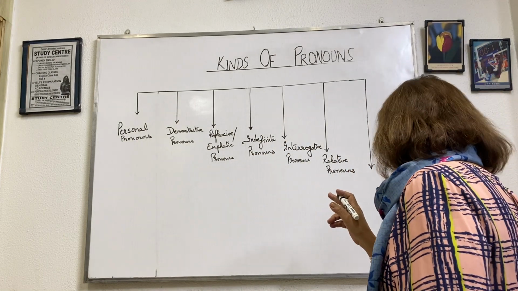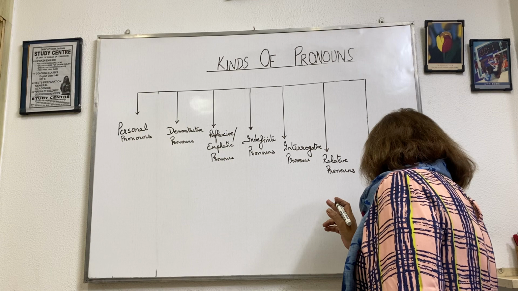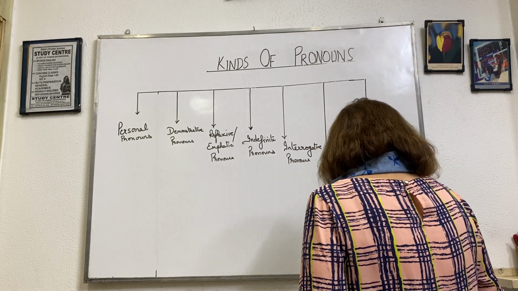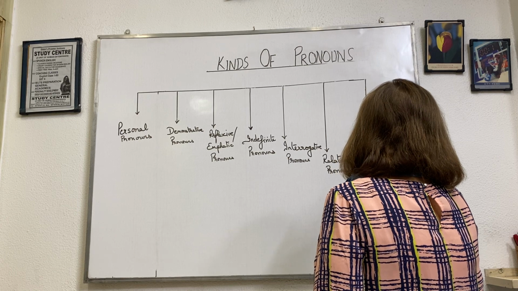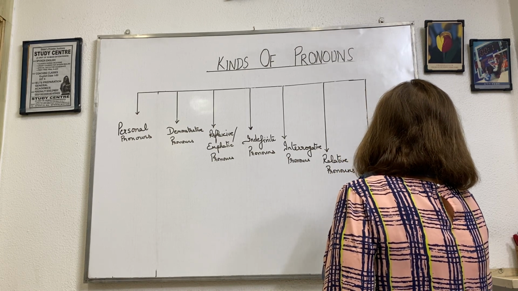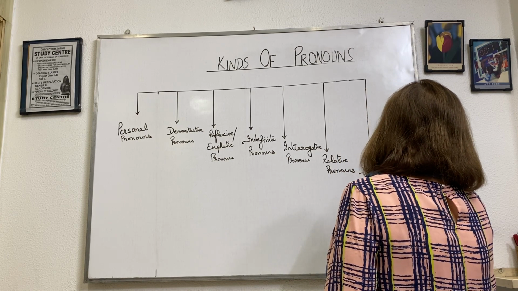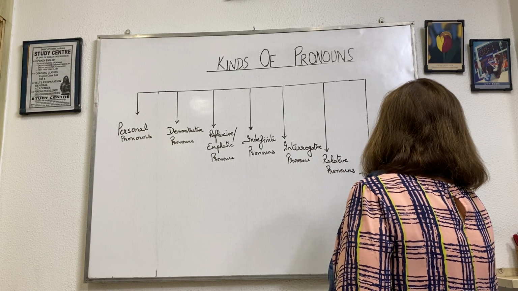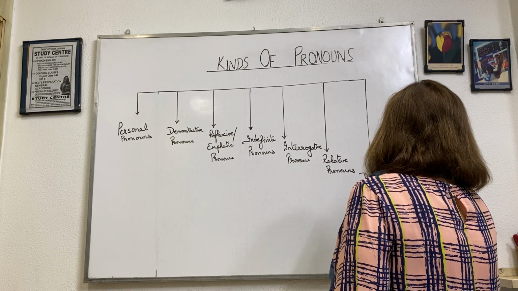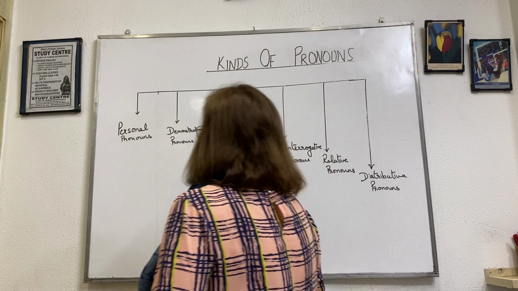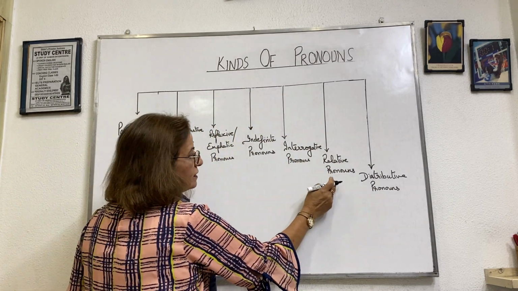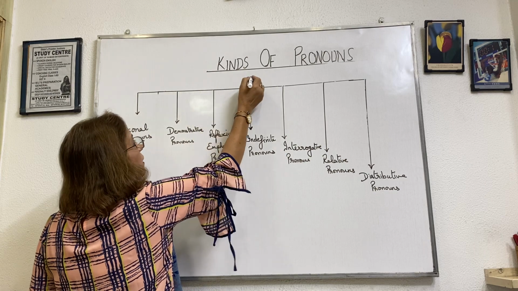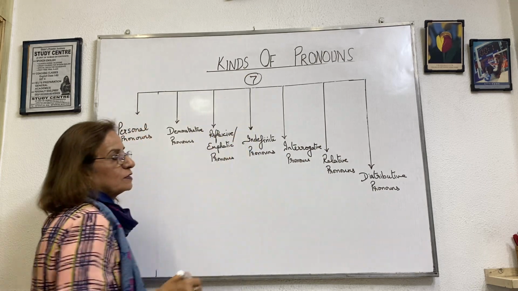I will show you how they connect. And then we have distributive pronouns. Okay, so we have 1, 2, 3, 4, 5, 6, 7. 7 of them kinds of pronouns.